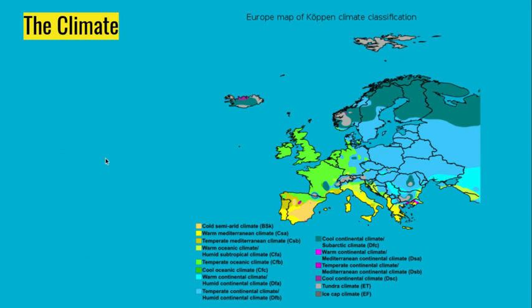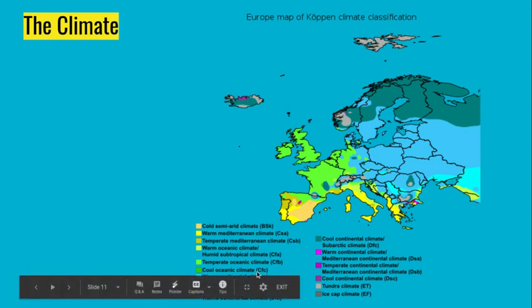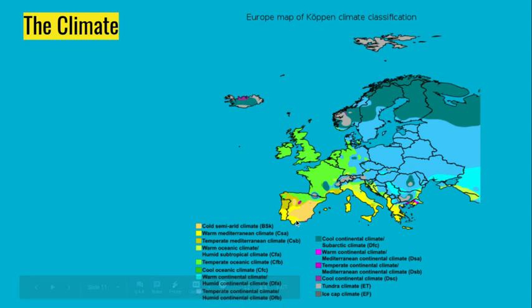So this is a map that looks at the climate of Europe, and these are the different climate zones that you can be in based on the color. So if you were looking at Spain, Spain has mostly cold, semi-arid climate, some warm Mediterranean climate, some temperate oceanic climate, a little bit of this purply color, which is the cool continental, temperate continental, or Mediterranean continental climate.